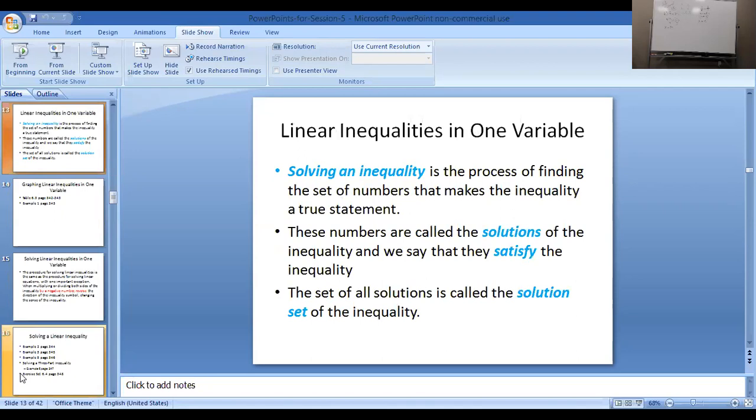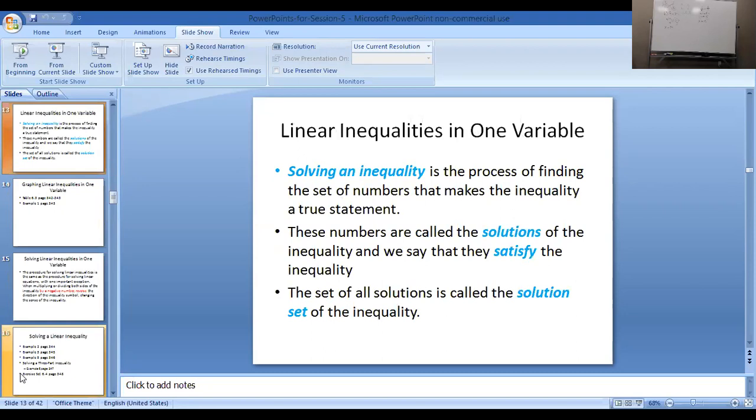Now we come to inequalities. You see, in all these things you have that equal sign. You can also have inequalities. How do you do that? It's the same process. Basically, solving an inequality is a process of finding a set of numbers that makes that inequality true.